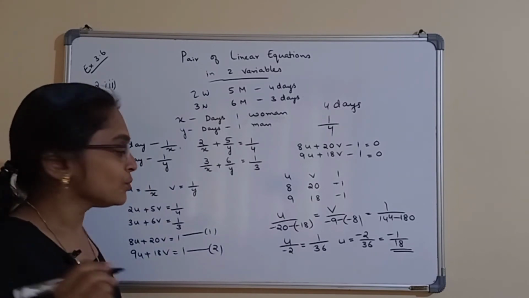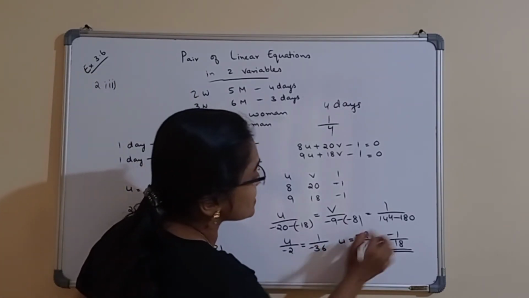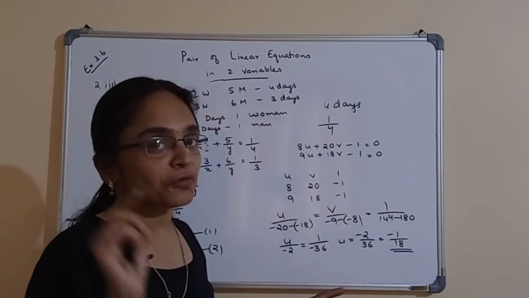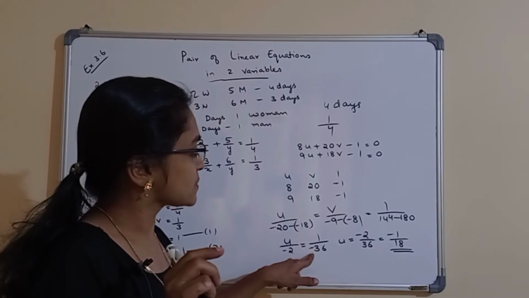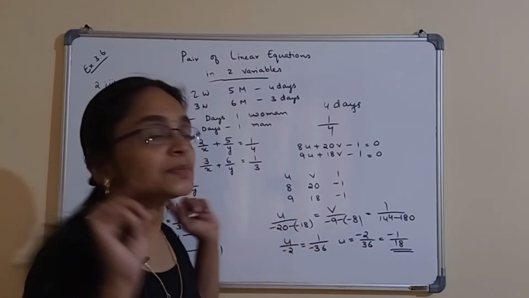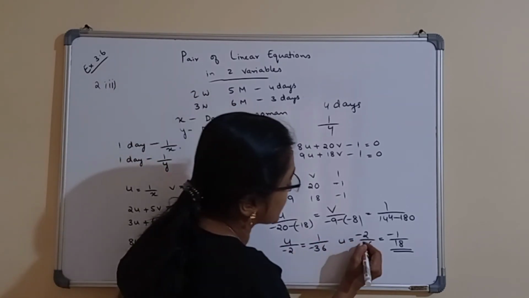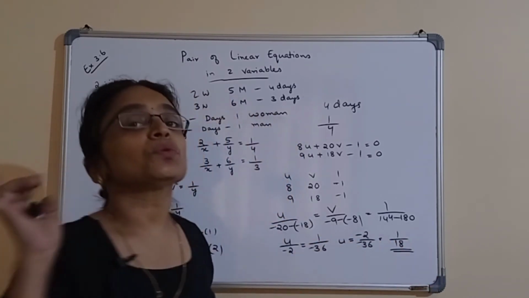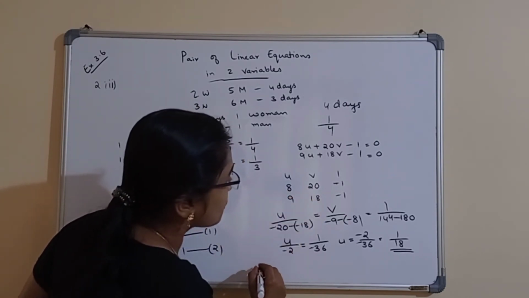So we got u as, this is minus 36. 1 by 144 minus 180 is minus 36, right? So this is minus 1 by minus 36, that is minus 1 by 36. Now u is equal to minus 2 by minus 36, which is equal to 1 by 18. And here we have v.